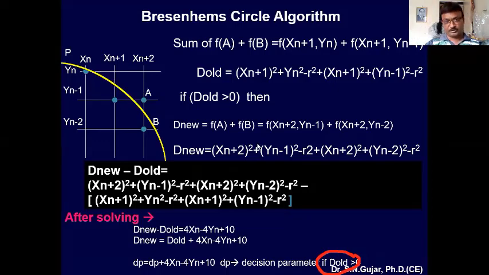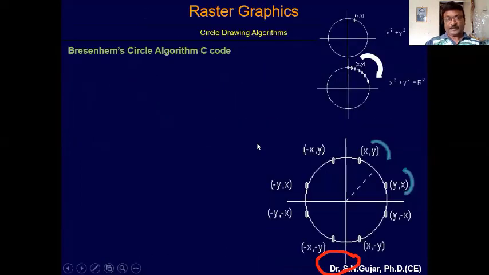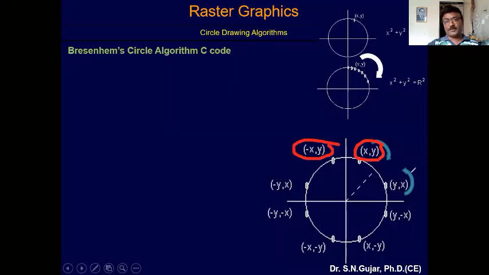Now proceed for the next. How can we write this algorithm? I have already told you, you have to consider 8-way symmetry. That's the diagram I have drawn here for 8-way symmetry. This is my x, y coordinates, then minus x, y, and if you replace x with y and y with x, that becomes y, x.